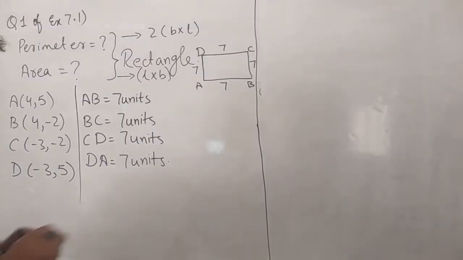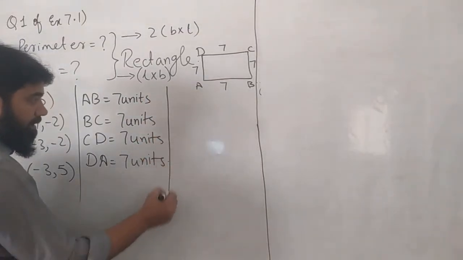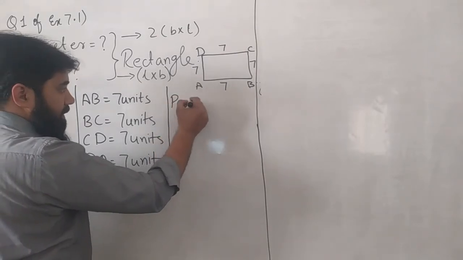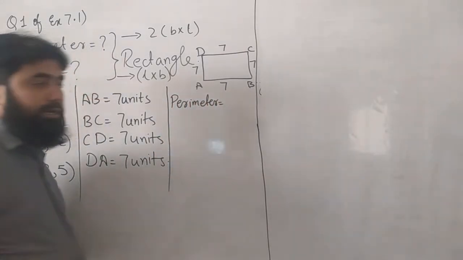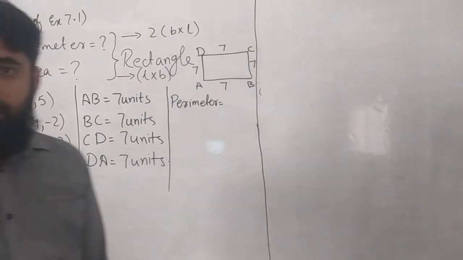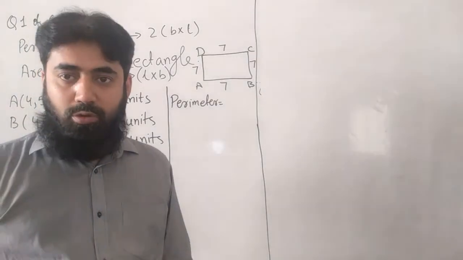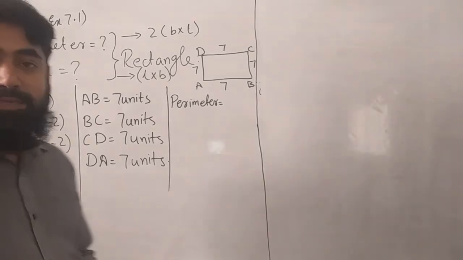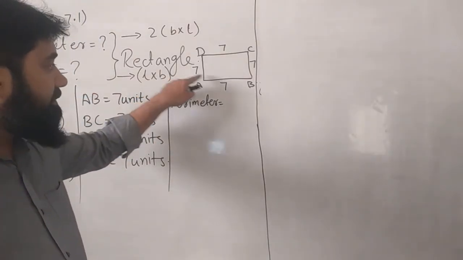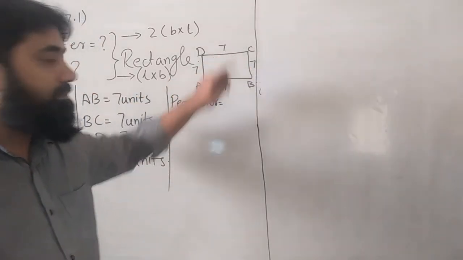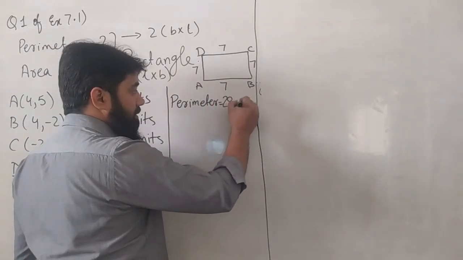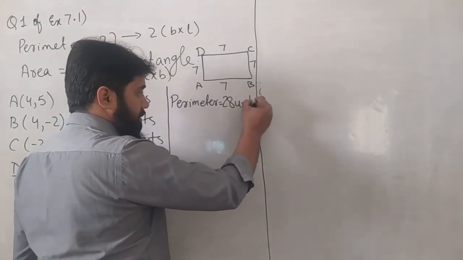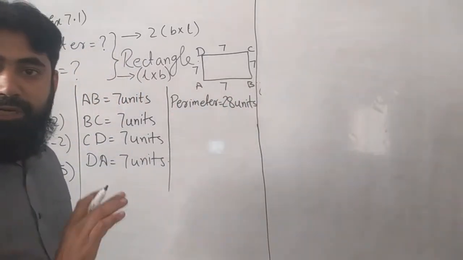Now we are going to go for perimeter first. Okay, so what's the perimeter formula for a rectangle? 2 times (l plus b), or sum of all sides. Okay, so I am going to apply sum of all sides. So 7 plus 7 plus 7 plus 7, the answer will be 28 units. Okay, no centimeter, no millimeter, nothing.